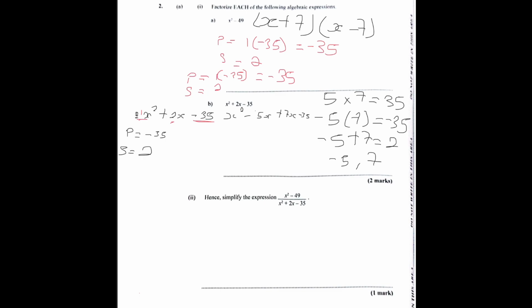From x squared subtract 5x, we can factorize the x, because x is common in both terms, so we're left with x subtract 5. From 7x subtract 35, we can factorize the 7, and then we're left with x subtract 5.